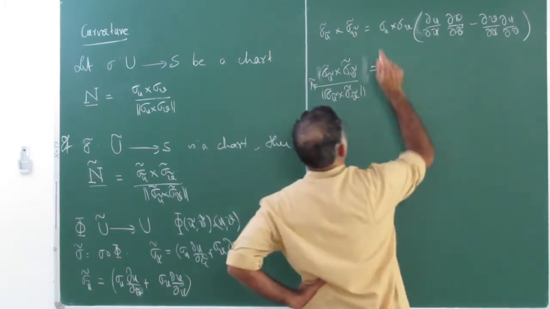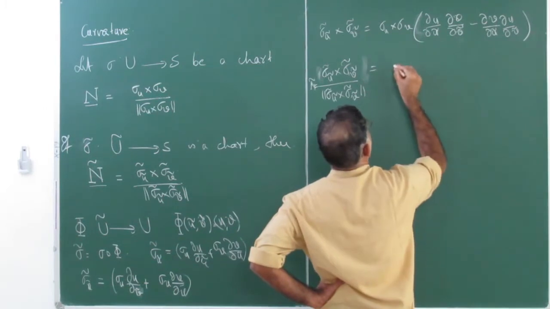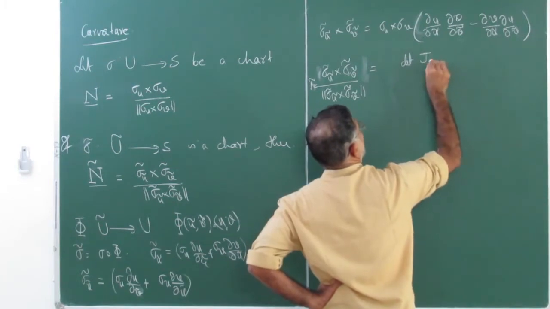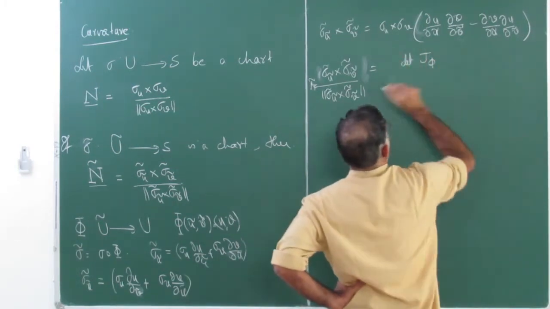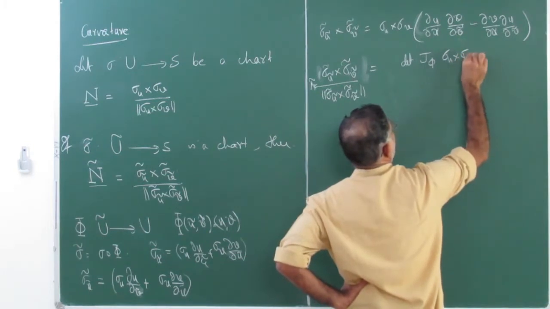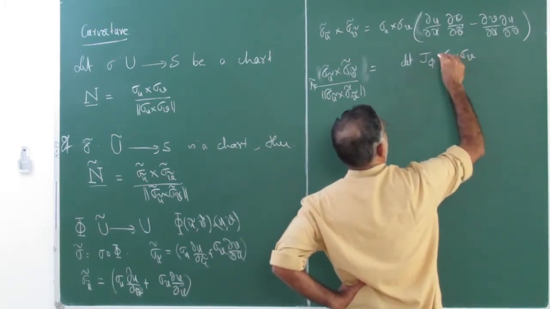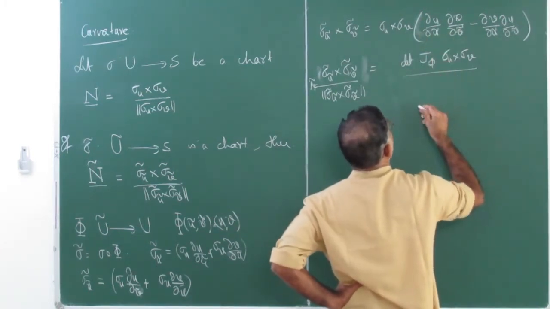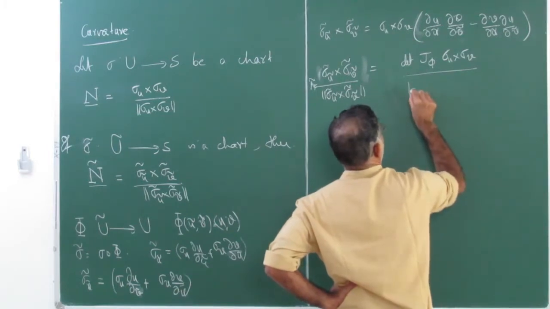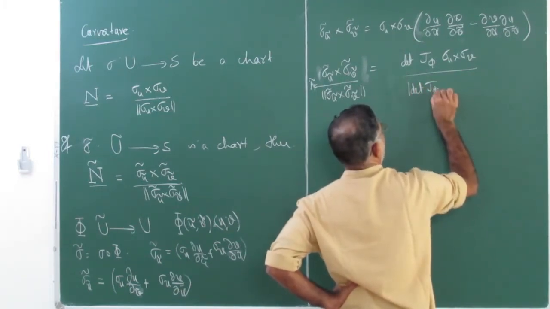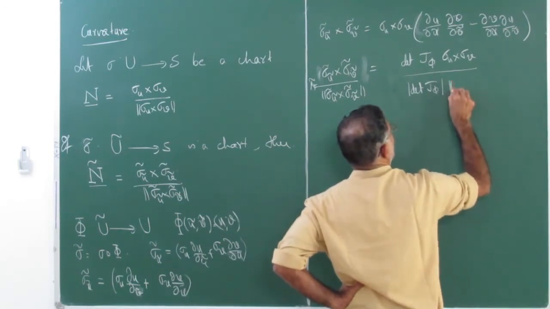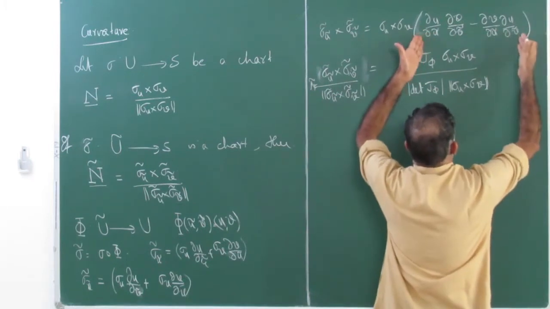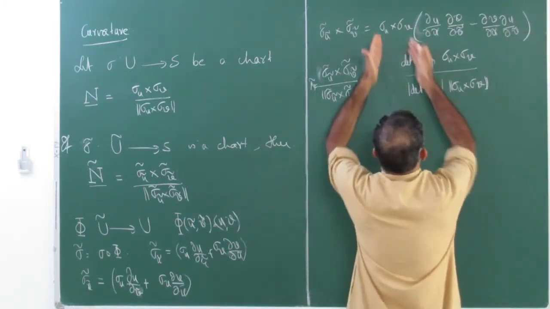That is equal to, here the vector part is the determinant of the Jacobian of phi into sigma u cross sigma v, divided by the norm of this. The norm of this is the modulus of the determinant of J phi into the norm of sigma u cross sigma v. I am taking the norm of this, but this is a real number, so it's modulus into norm of this.